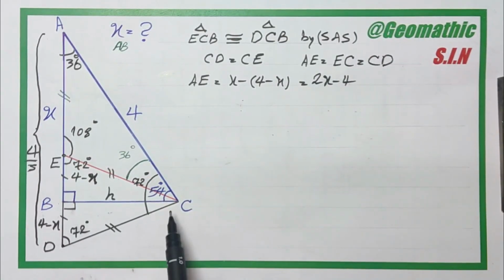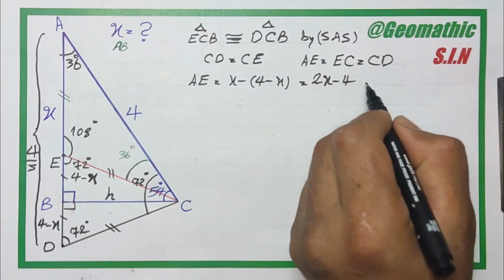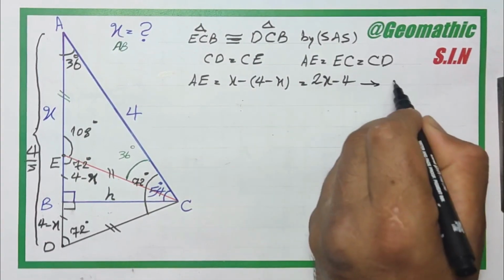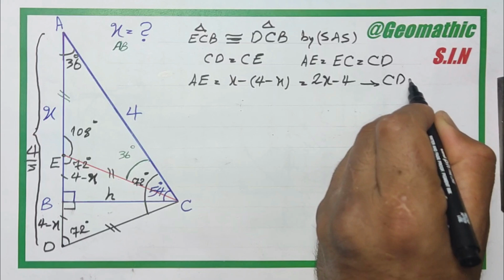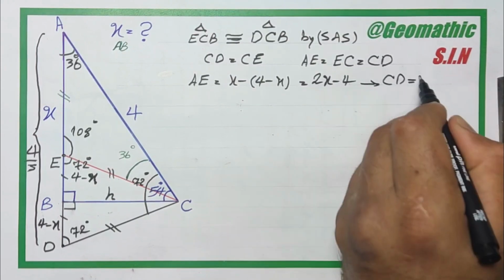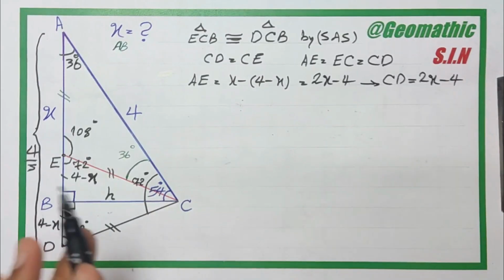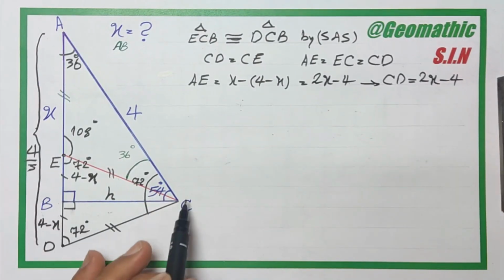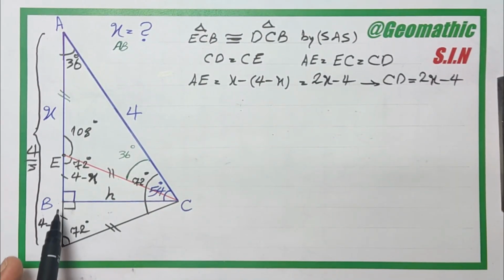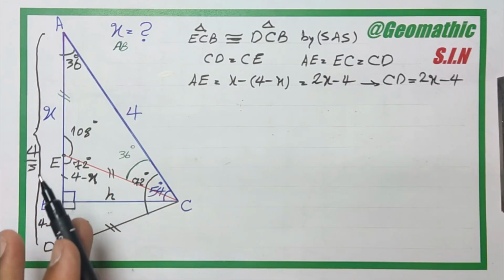And if AE equals 2X minus 4, then CD and EC should be equal to 2X minus 4. And here we need CD. So CD is also equal to 2X minus 4. Another time, look at triangle BCD. We know the triangle BCD is a right triangle, so the Pythagorean theorem can be applied.